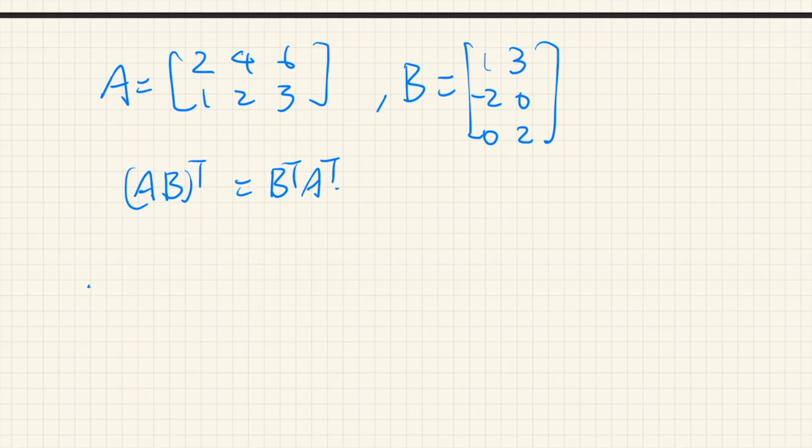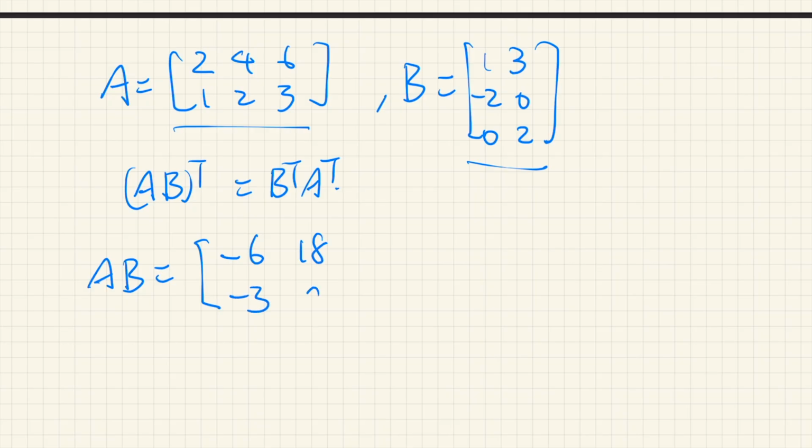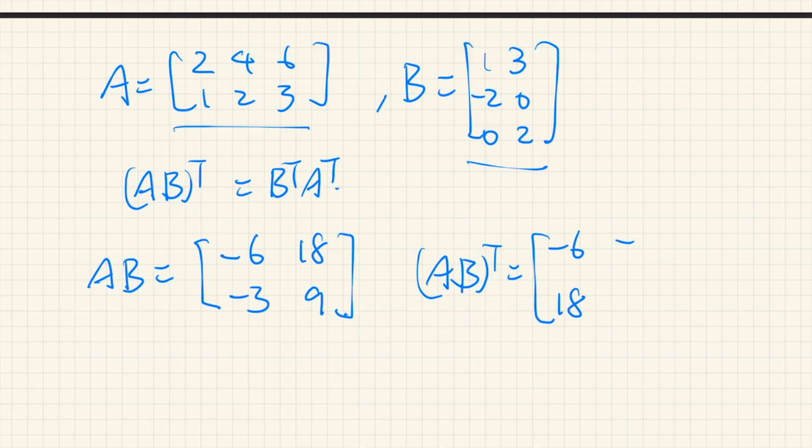So first let's calculate AB and take the transpose of it. This is this times this, which, if you calculate it, should be negative 6, 18, negative 3, and 9. So finding this is an exercise. So (AB) transpose is negative 6, 18 here, and negative 3, and 9.